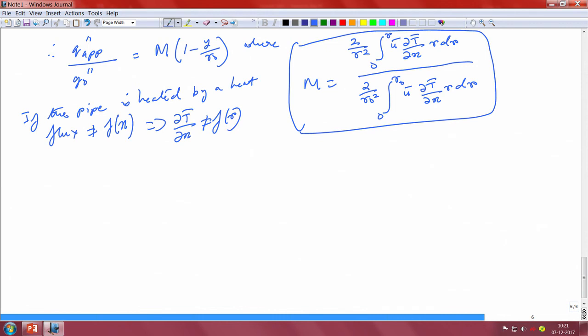Or in other words, this term that you see over here, this dT by dx on both sides, basically all cancels out, because this is an integral which is performed with respect to r only.